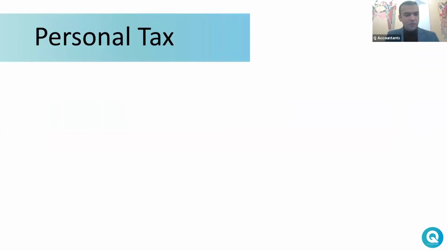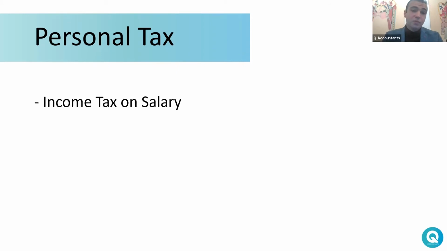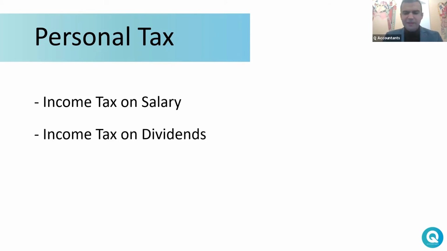Personal tax. In this session we're mainly talking about the limited company, but if you're running a limited company, you'll have to pay personal tax as well. How does that work? You have income tax on salary, and I split it like you have income tax on dividends, and NIC.